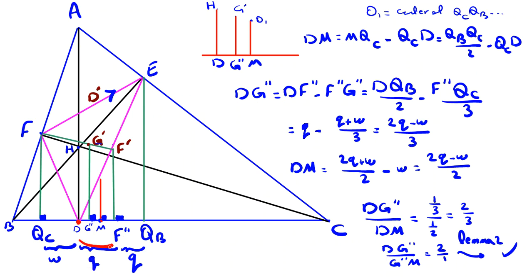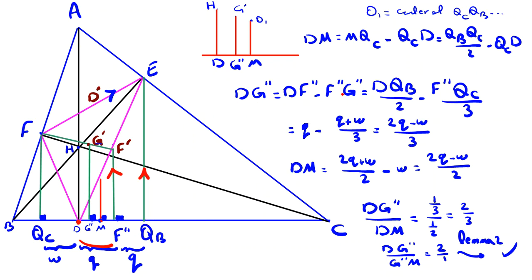By Thales' theorem, we know they are perpendicular, they are parallel, so you can say DF double prime over DQB equals this over this, and we know it is the midpoint because G prime is the centroid of FDE, so we can say that DF double prime is half of DQB, like here.